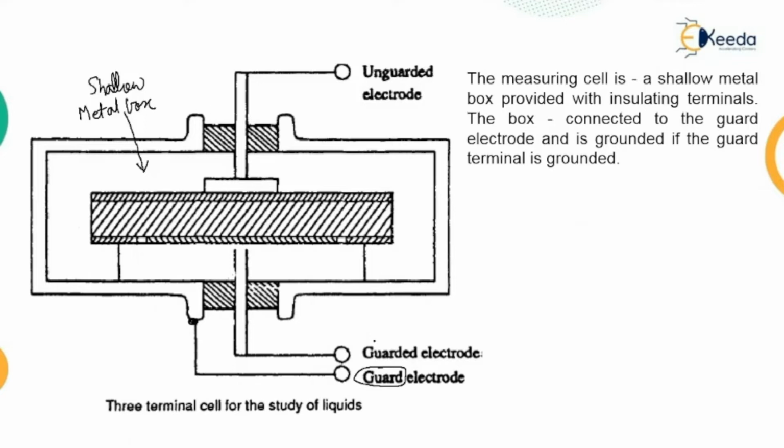Now, the connecting lead for the guarded electrode is taken through a shielded wire.